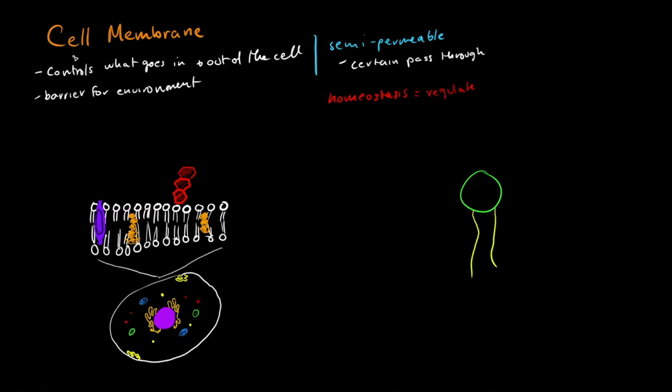Now that we've taken a look at the functionality of the cell membrane, let's take a look at the individual parts of it. First, we can see this red shape of hexagons, and these are carbohydrates.